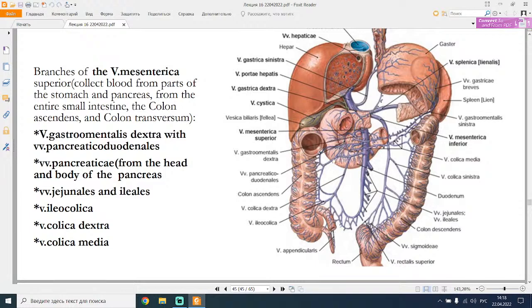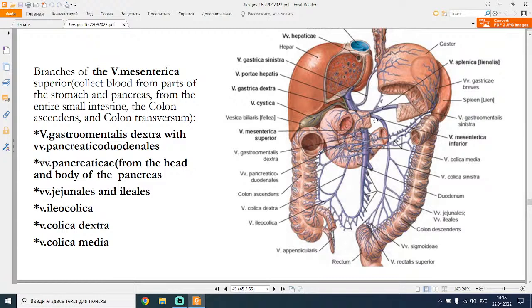Next, vena mesenterica superior. Vena mesenterica superior drains into the vena porta. You see the branches of the vena mesenterica superior.